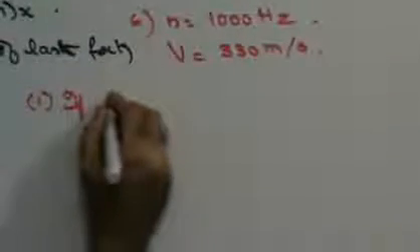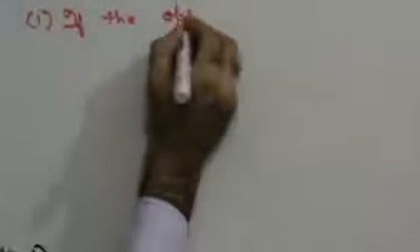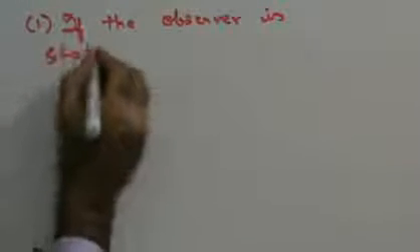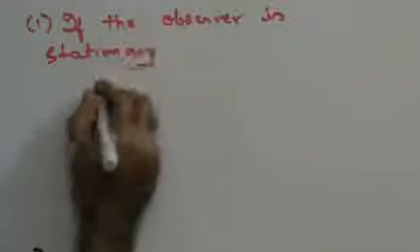Now guys, in this sum they haven't specified anything about the source. That means the source can be assumed as stationary. Now, first part of the question, the observer is stationary. The source is stationary, the observer is stationary.